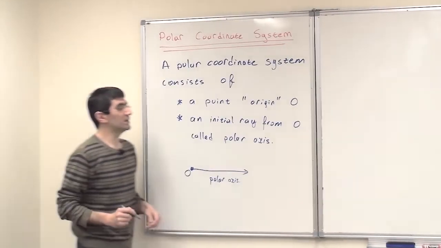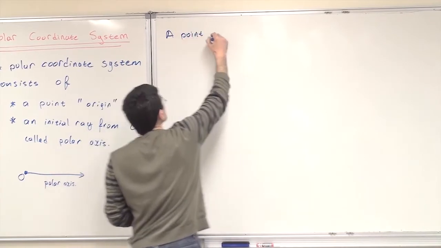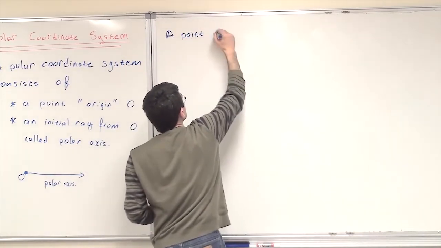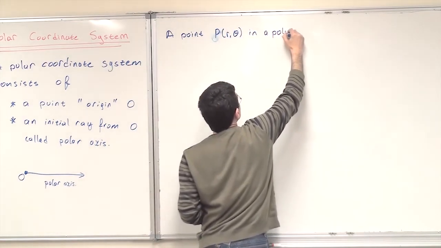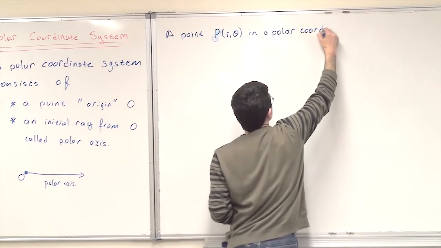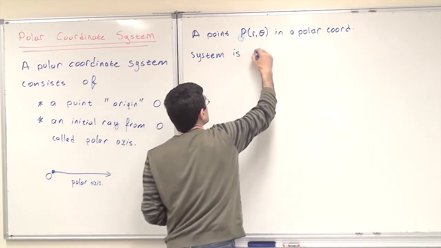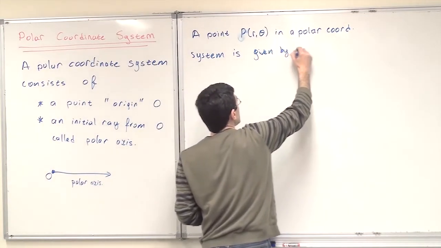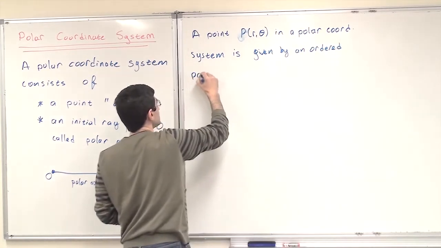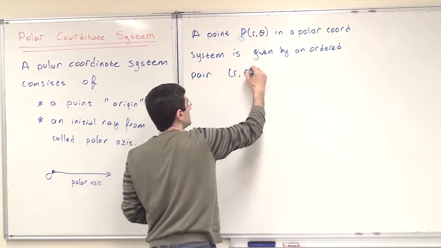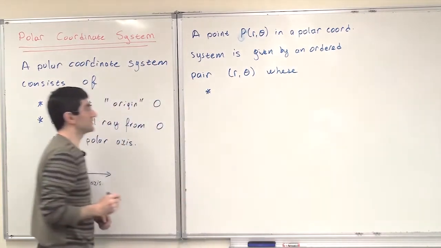Now, let's see how we sketch a point in polar coordinate system. A point, say P, in a polar coordinate system, is given by an ordered pair r and theta, where these numbers are defined as follows.